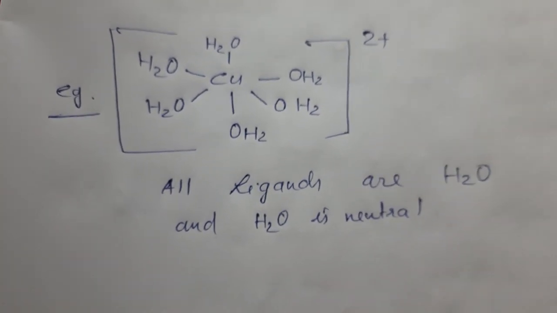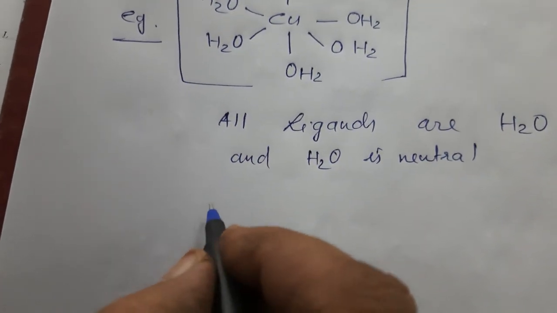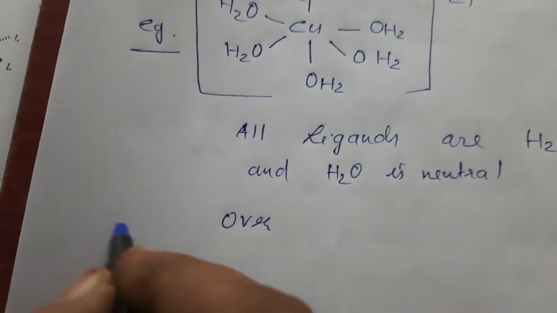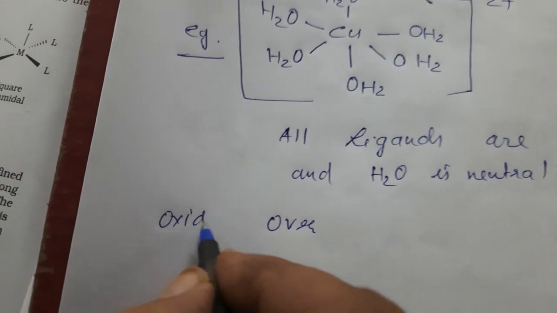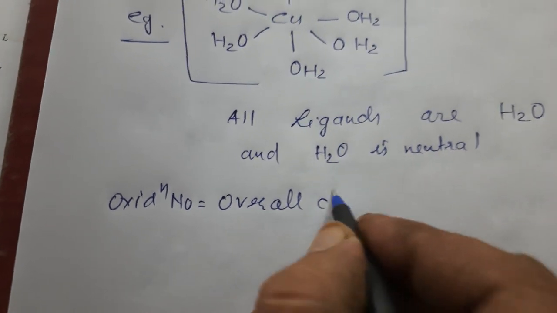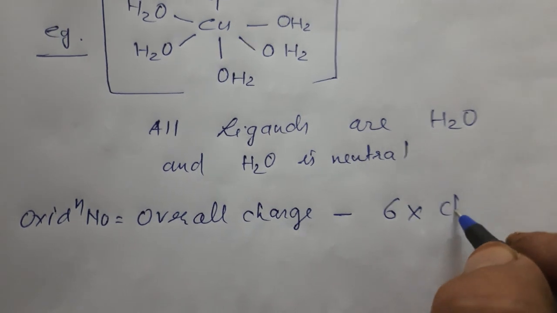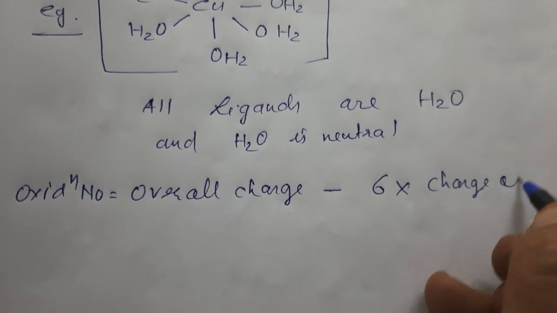So when H2O is neutral, it has no charge, so we will write here oxidation number is equal to overall charge minus 6 into charge of H2O.